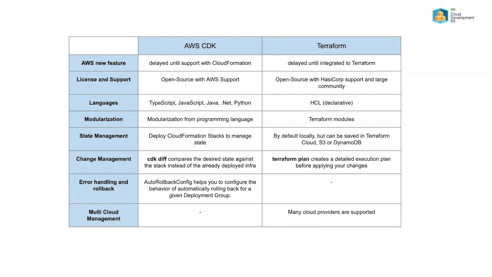And CDK has a feature to roll back your changes if something goes wrong. Terraform doesn't have this feature. And regarding multi-cloud management, Terraform has many providers, not only for infrastructure, but also other types of clouds. I don't know, GitHub, GitLab, or any kind of provider.